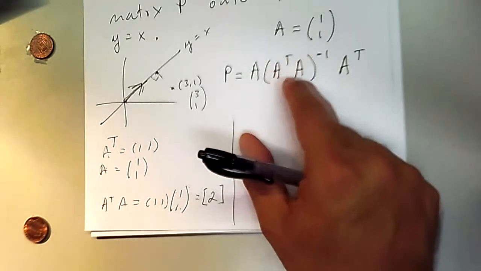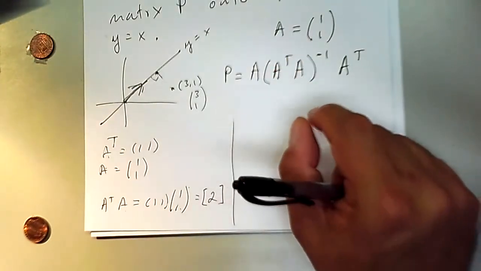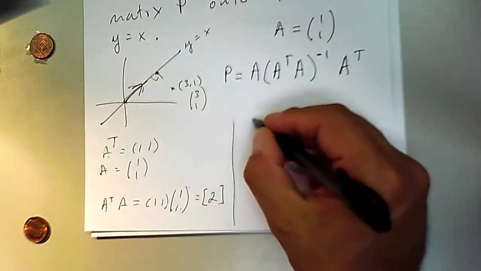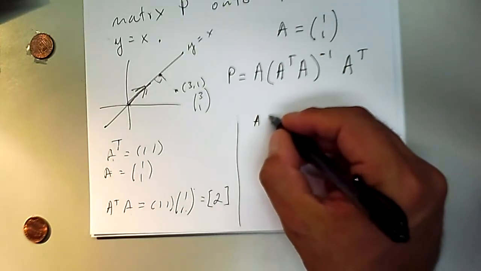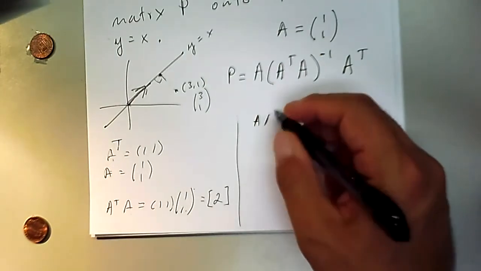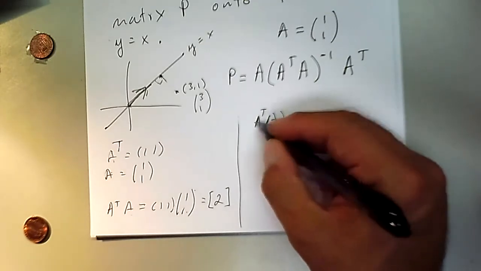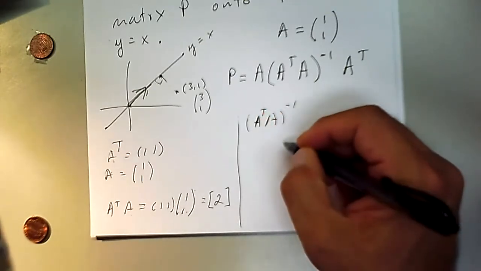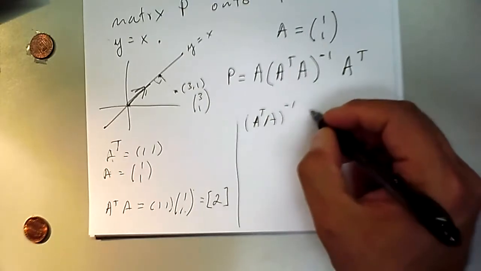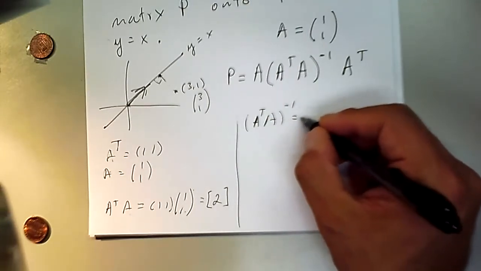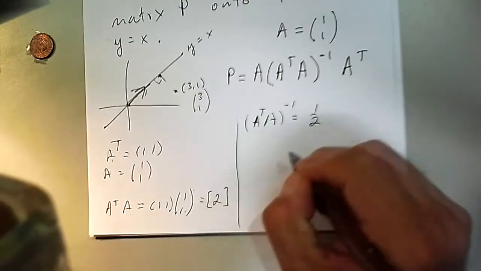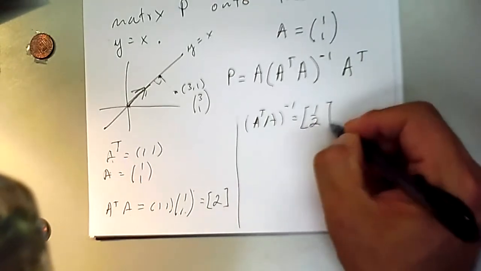So this guy has to be 1/2, the inverse. So A transpose A inverse will be, well, the matrix 1/2.